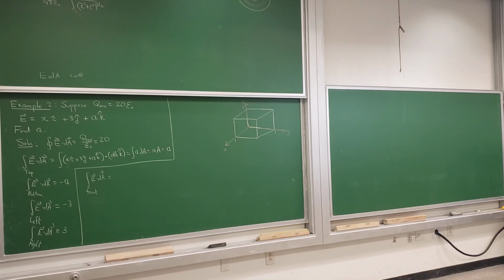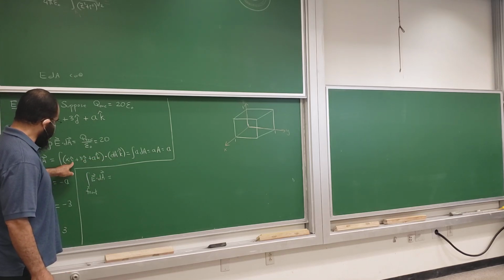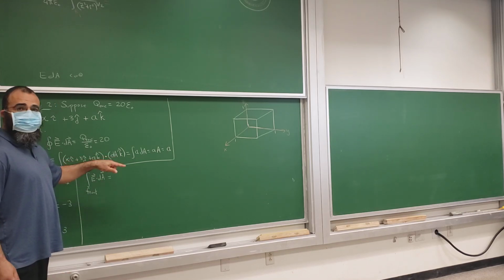So, E dot dA. In the front, in what direction is the area? Towards us, which is the positive x direction, right? So it's dA times i hat. So you have x i hat dot dA i hat.